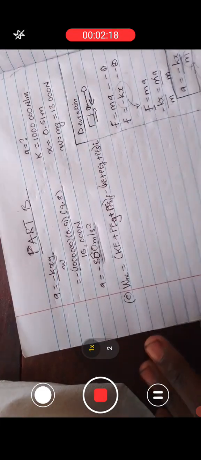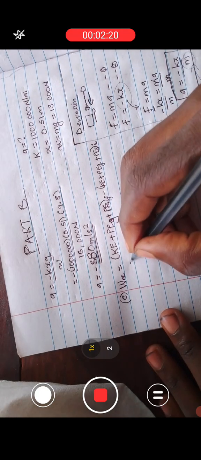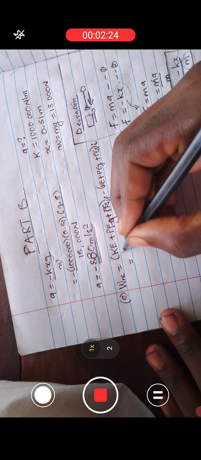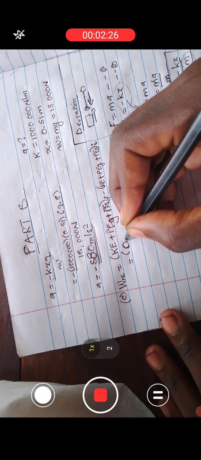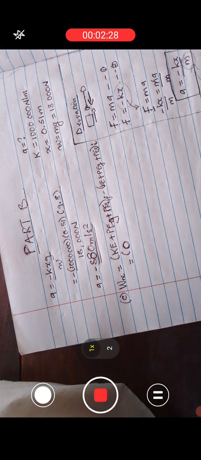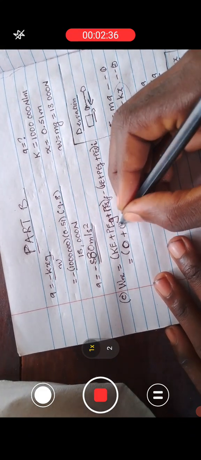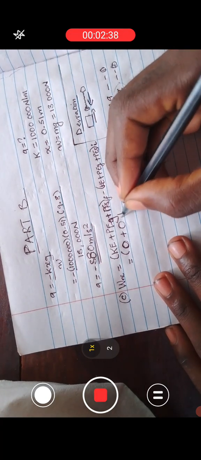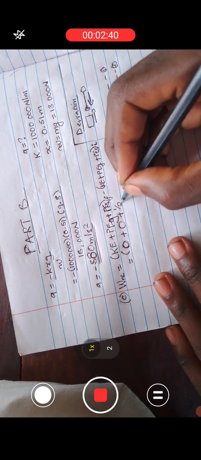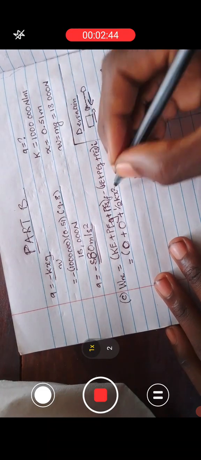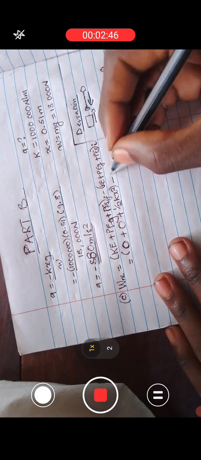When the car reached its final point, it stopped, and it was also at the ground, which means the gravitational potential energy was also 0, but it did have the elastic potential energy.